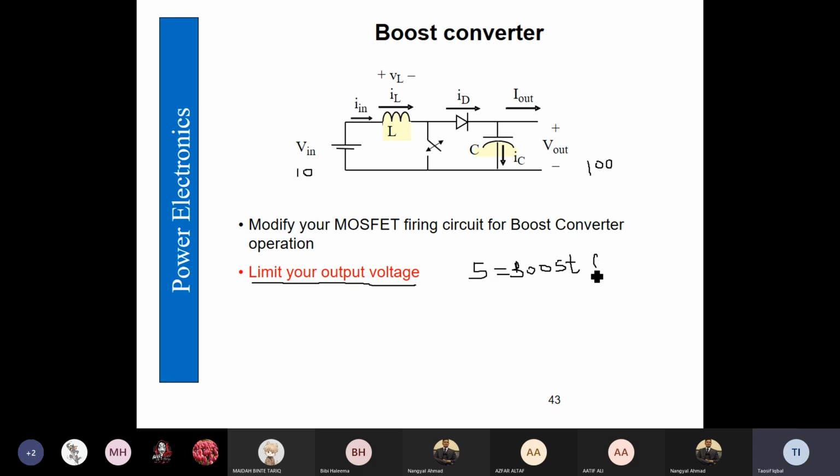Boost factor. Because we are boosting up the voltage, therefore we are using this boost factor. Sometimes it is denoted as B or sometimes it can be denoted as G. So that is the voltage gain, output versus input voltage gain.